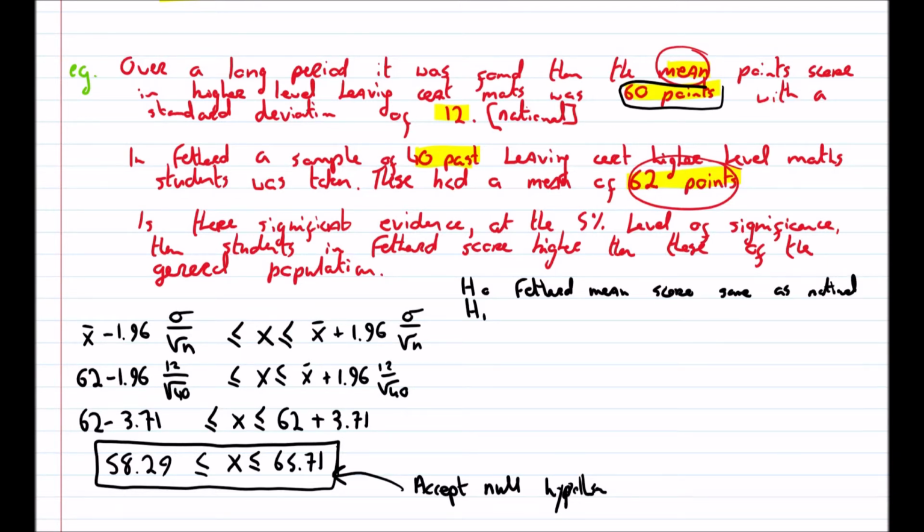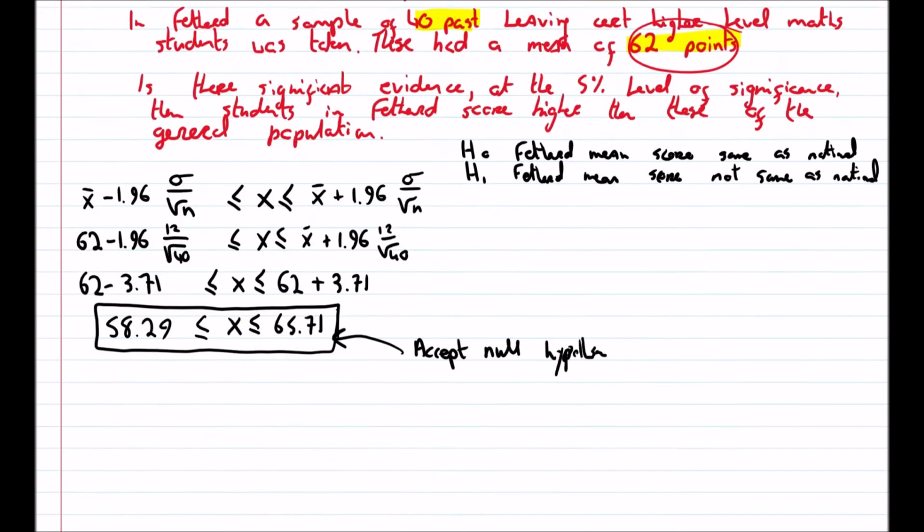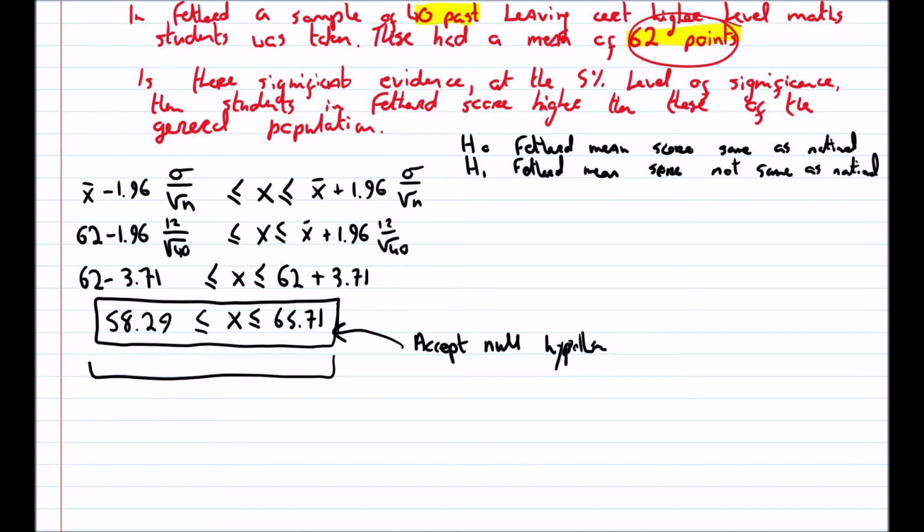Yes, the Feathered kids are the same as the national. And H1 then: Feathered mean score is not the same as the national. And we see here that actually the Feathered mean score is around the same as the national, based on the 60 line being within the confidence interval for the Feathered score. So that's one way of doing it.